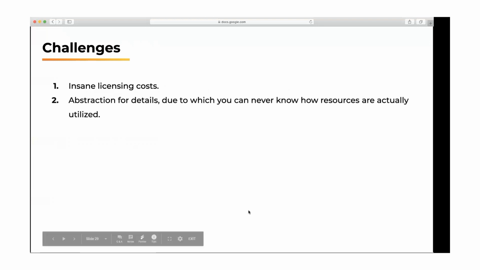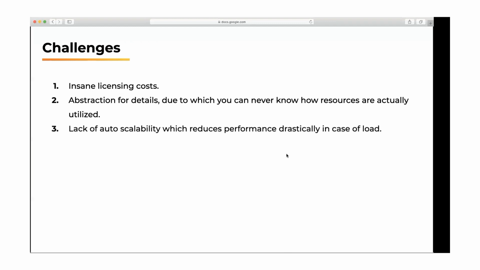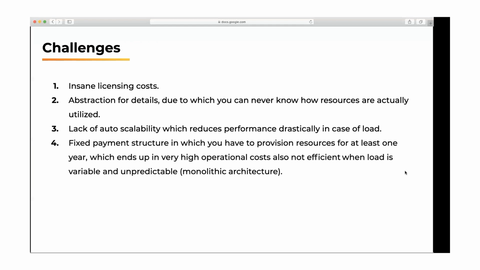The way they were utilizing this platform, they didn't have complete insight into how the integrations were working, and they also had a lack of auto scalability, which reduces performance drastically under load. They also had a fixed payment structure, where they had to commit for at least a year, which means that if they wanted elasticity when required, it was not possible.